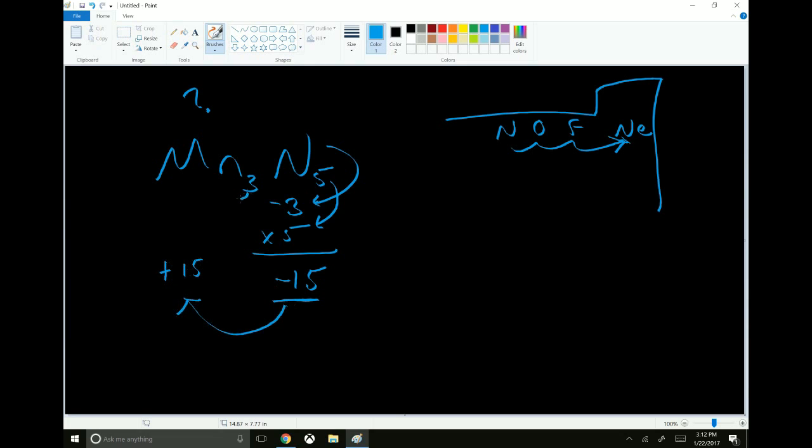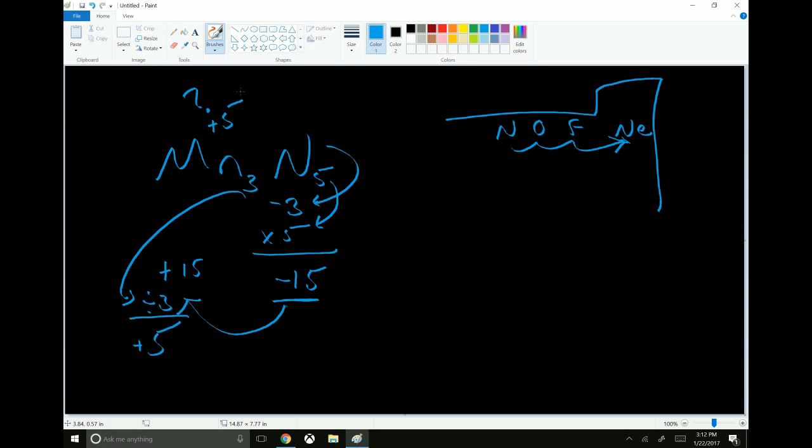There are 3 manganese, so you take 15, you divide by 3, that's going to give you +5.